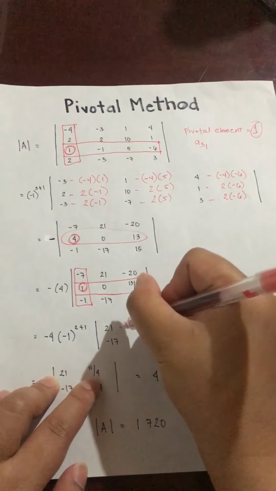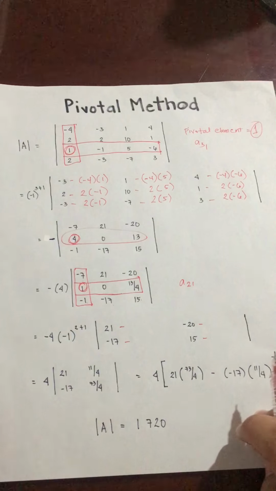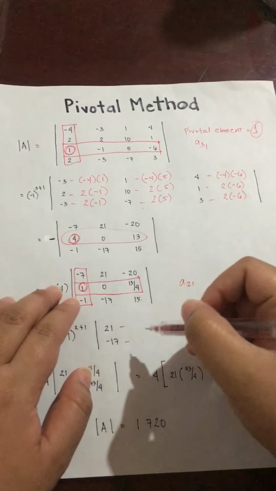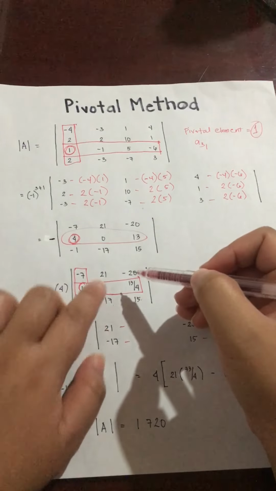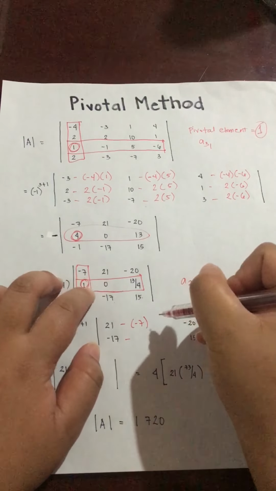Now, we will subtract them by the product of the elements in the pivotal rows and columns that meet the remaining entry. So, here, we will subtract them by negative 7 and 0.